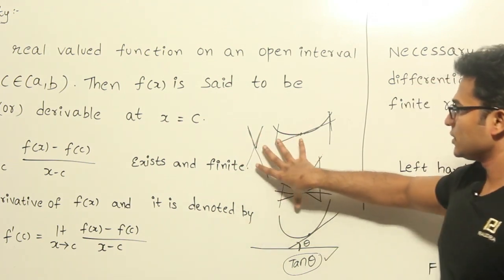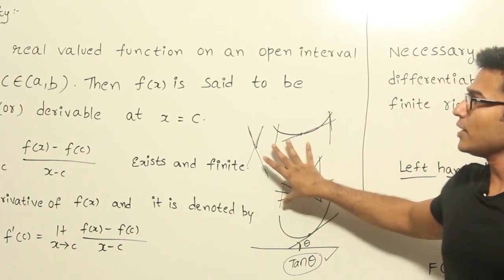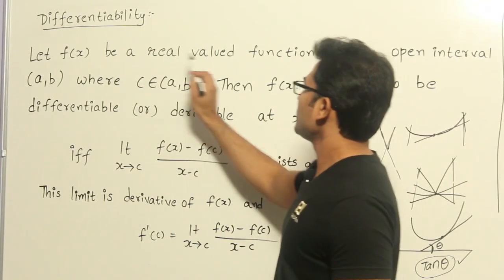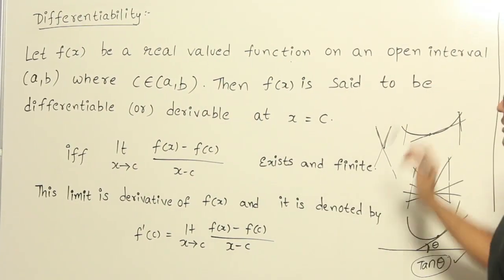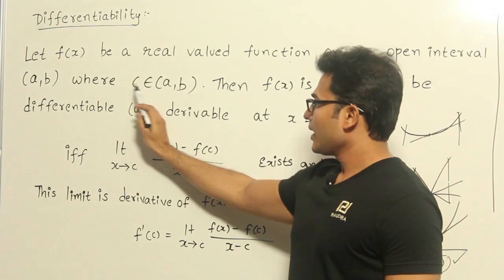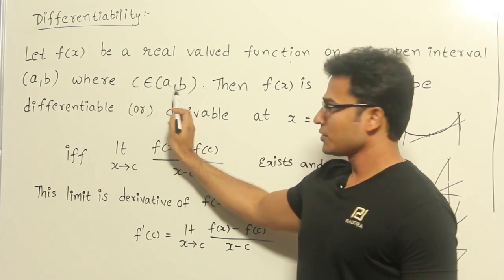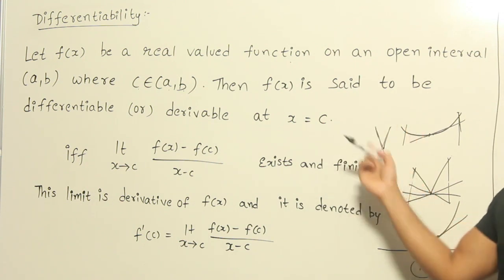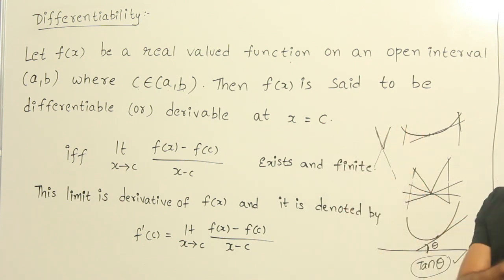Whatever I said just now is the informal way. Now let's look at the formal definition. Let f of x be a real valued function on an open interval (a, b), and let c be a point which belongs to it, which means we have a function defined over (a, b), and we are talking about a point between a and b.